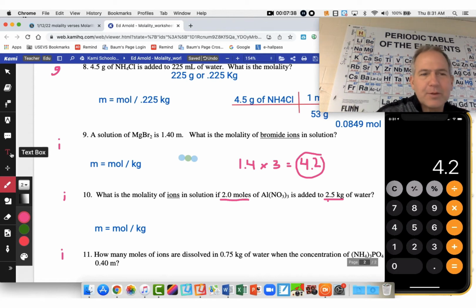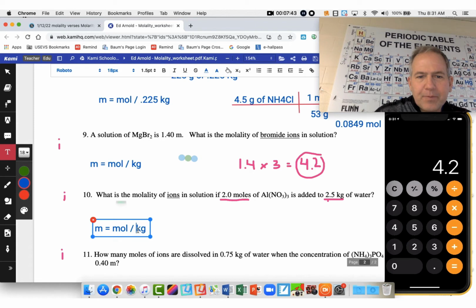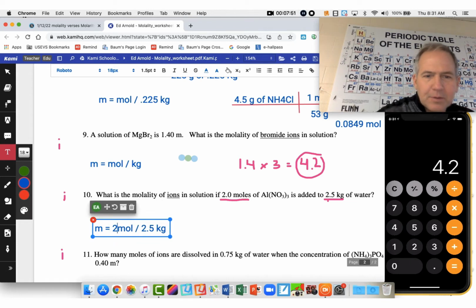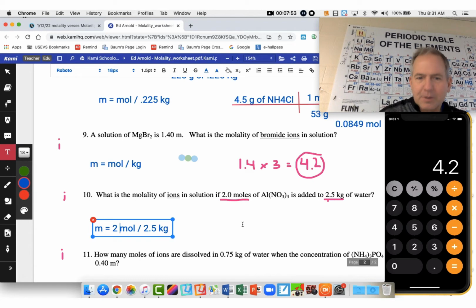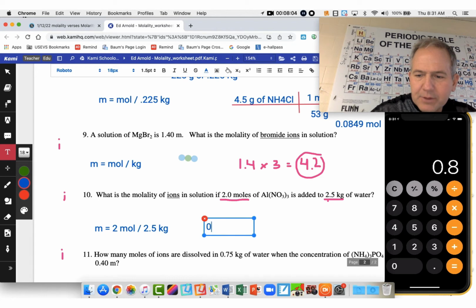So we're going to put in for the water 2.5 kilograms, and for the moles, 2 moles, right? So we got that set up. What is the molality? The molality is 2 divided by 2.5, which is 0.8. So we have 0.8 little m.